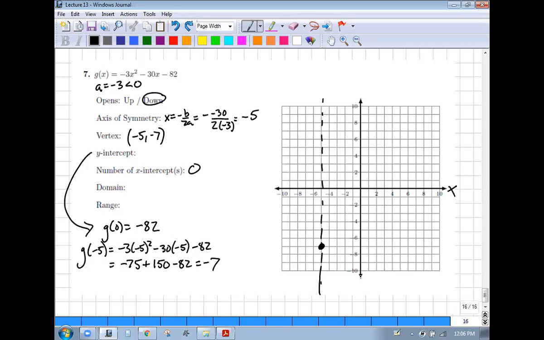Negative 82, we'd go way down here at negative 82, and that's where it crosses. Okay, so our domain is all real numbers, it goes forever right and left. The range goes down to negative infinity, but the highest it gets is here at negative 7. There we go.